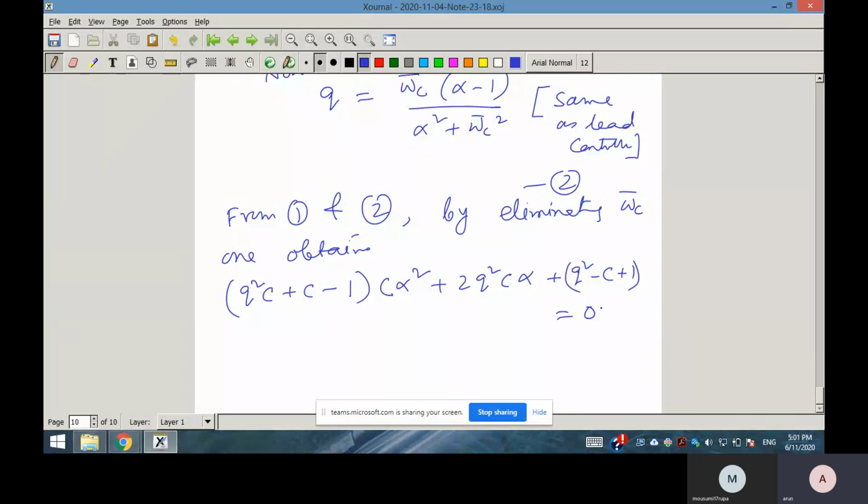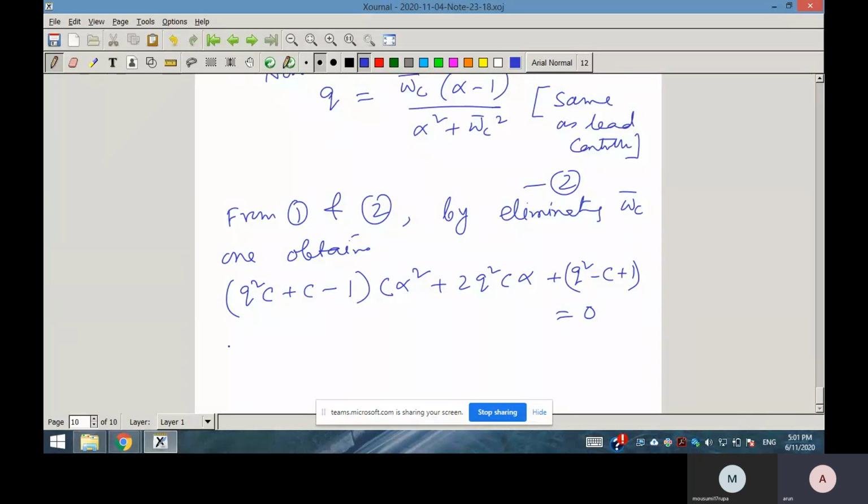So now what you have to do? Now we have to see the condition for existence of a solution. So here also, what is alpha? Alpha is greater than 1. So a positive solution.